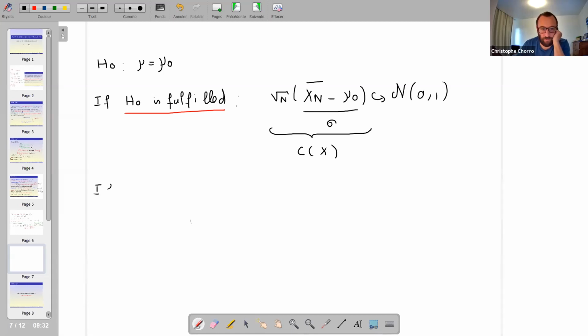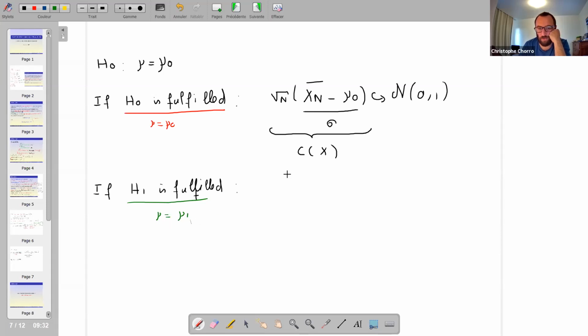What happens if H1 is fulfilled? If H1 is fulfilled, the distribution of C of X is no more N(0,1), because I know that the parameter mu is equal to mu1. When H0 is fulfilled, it means that mu is equal to mu0. When H1 is fulfilled, it means that mu is equal to mu1.